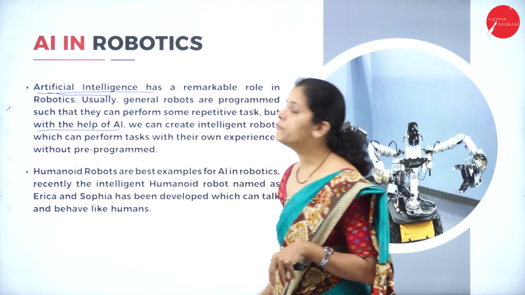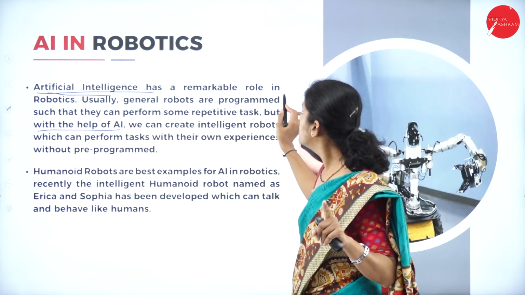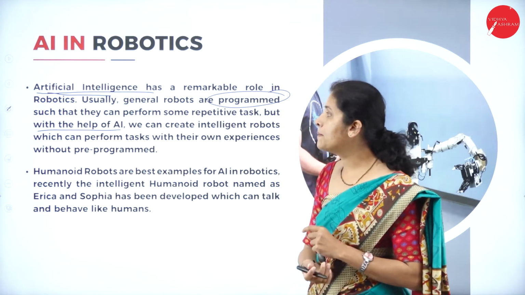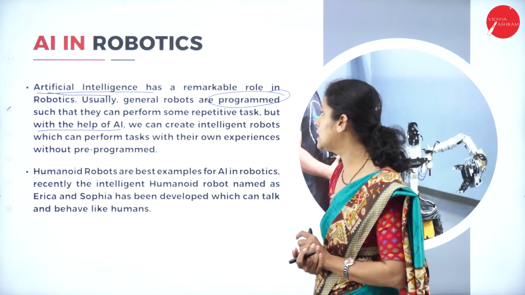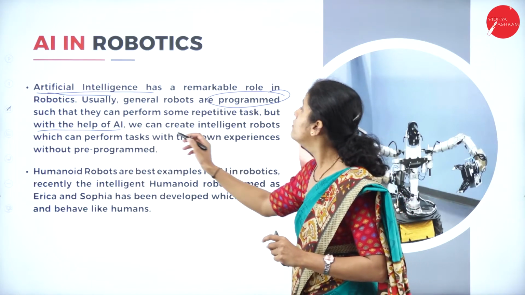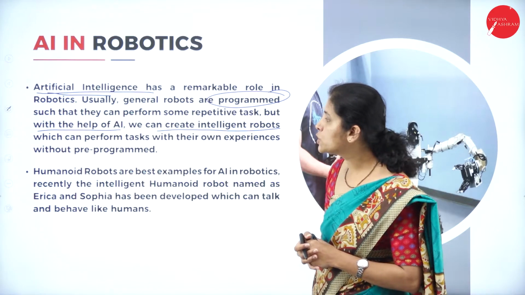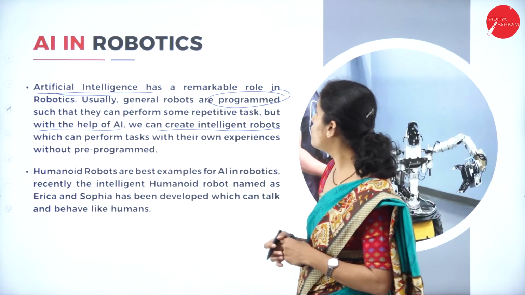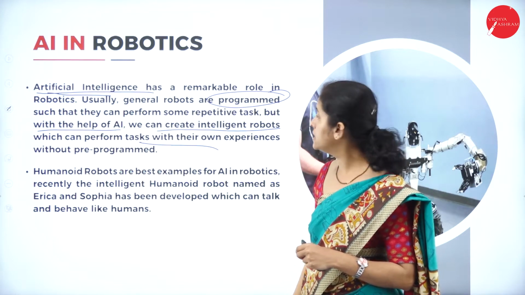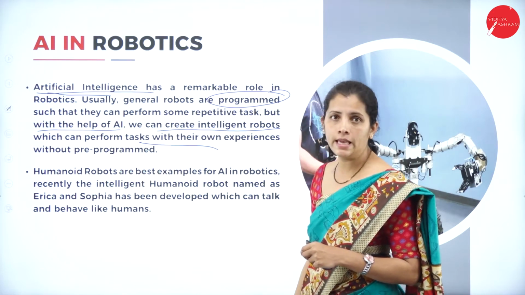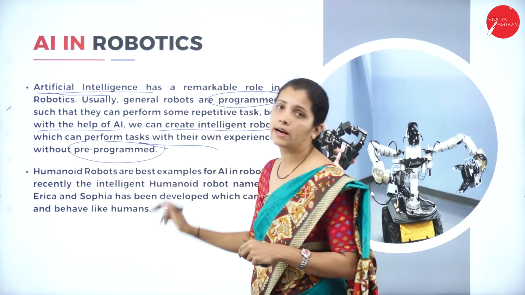With the help of AI, all the robots are programmed and are responsible for performing tasks. So we are able to create intelligent robots which can perform all the tasks, all the activities like a human being, and all the robots are pre-programmed.